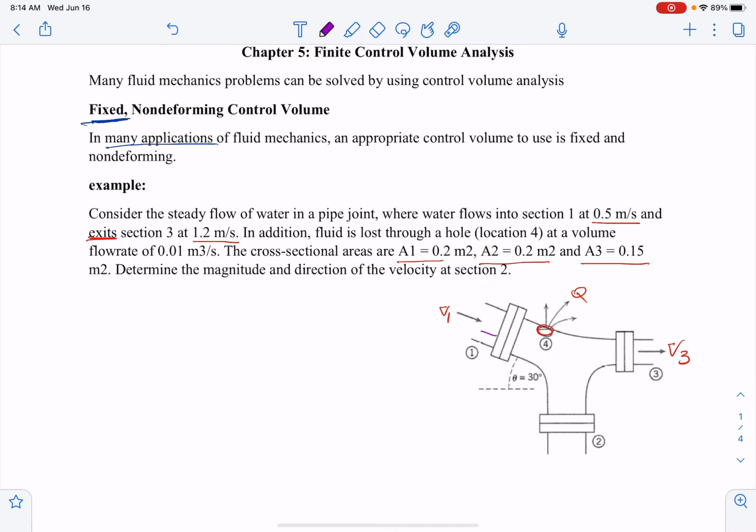This is the normal vector on surface 1, which is perpendicular to it, and this is the normal at section 2.